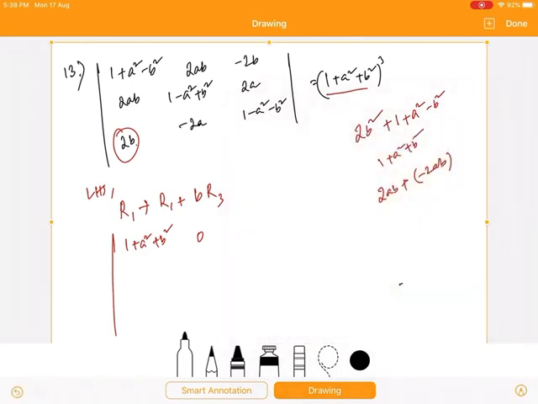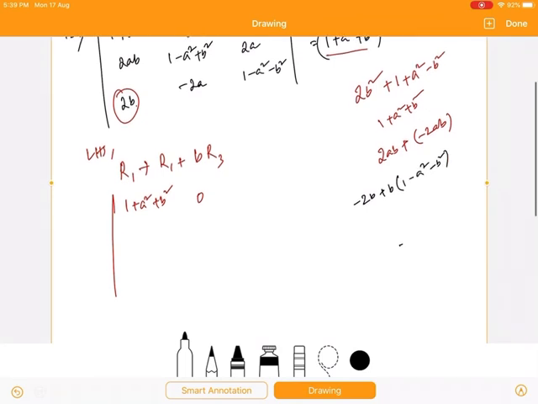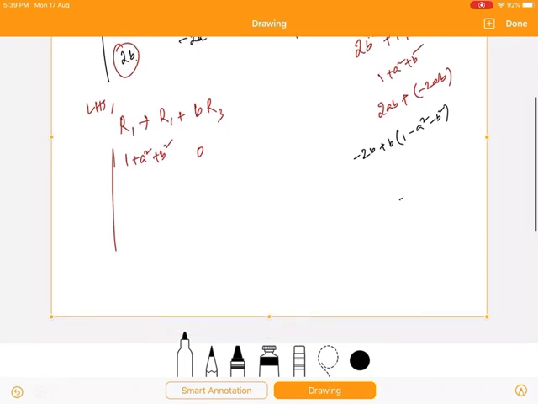Now the last one. So first you write minus 2b, this one is R1, then plus b into 1 minus a square minus b square, right? This one you do in rough, then you put the elements in there because you don't have so much space in there.